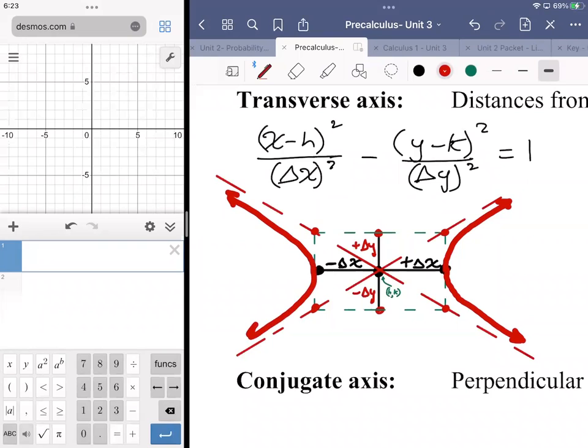We don't make use of this or this except to help us develop the shape of the figure. But this pair of red curves, it's called a hyperbola.